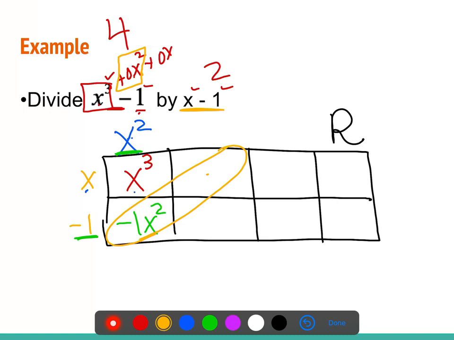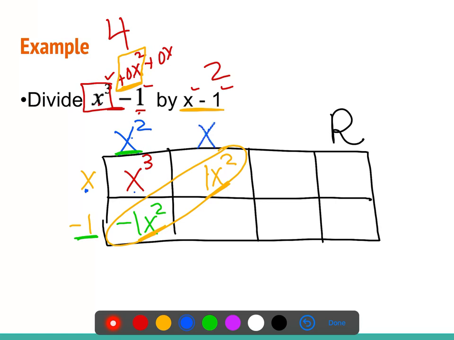And then I figure out what goes in the next box. I want that to add up to how many x squareds? 0. And I have negative 1 of them, so negative 1 plus what makes 0? Well, 1. Is negative 1 plus 1 equal to 0?